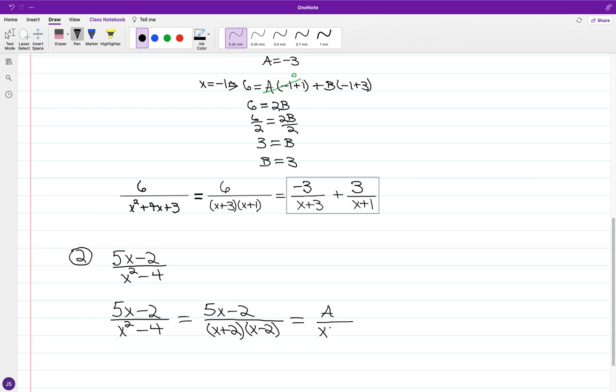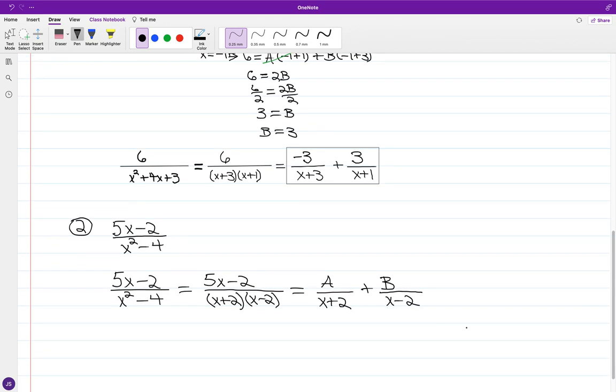And for the partial fractions, again, whichever denominator comes first, it does not matter. It could be x minus 2 or x plus 2. So we have one numerator over x plus 2 and one over x minus 2. And in this setup, we're looking at solving for a and b.